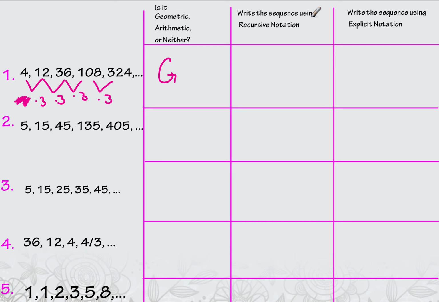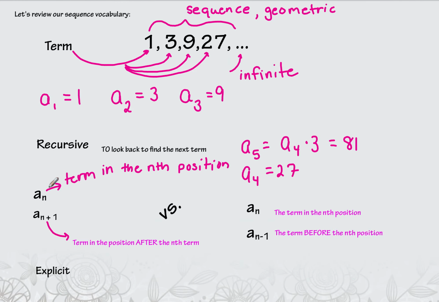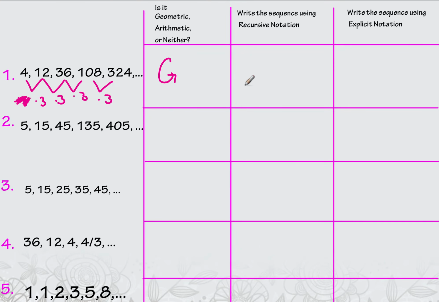If I wanted to write this sequence using recursive notation, all right, hang on, here we go. You can use either one, a sub n plus 1, a sub n minus 1. This is what I do.